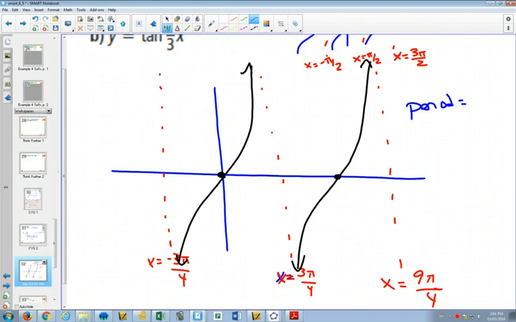So our period is now pi times 3 over 2, 3 pi over 2. And sometimes people actually count, well, from here to here and here to here, that's 3 pi over 4 plus 3 pi over 4. That's going to be 6 pi over 4, which reduces to 3 pi over 2. As far as figuring out that period, how long it takes to repeat itself.